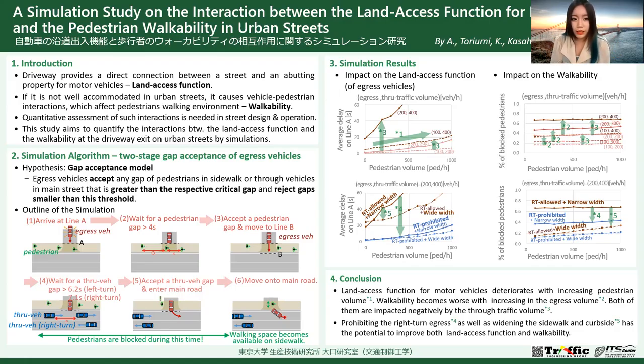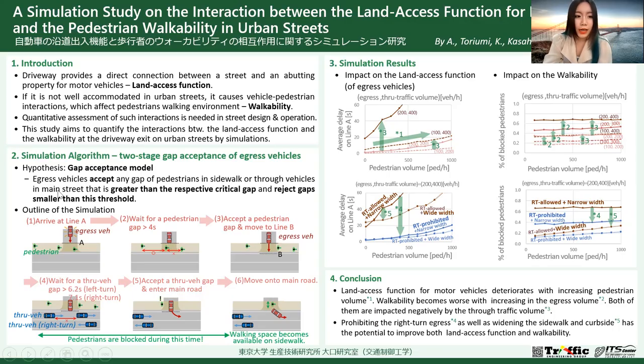And based on the gap acceptance model, here is a hypothesis that the egress vehicle accepts any gaps of the pedestrians on the sidewalk or the through vehicles on the main street that is greater than the respective critical gap and will reject the gap when it is smaller than the critical gap. And then the outline of the simulation.